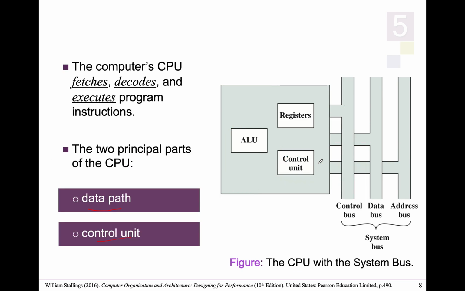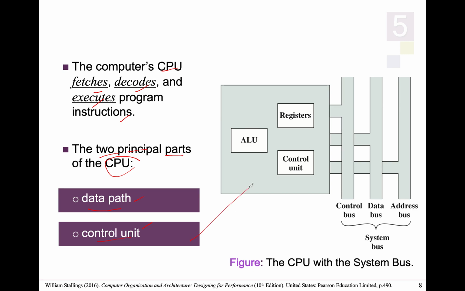After this, you're going to see, okay, because you have data parts and control unit. The computer CPU fetches, decodes, and also executes program instructions. So there are two principal parts of the CPU: data parts and control unit. So which one is data parts? Which one is control unit?